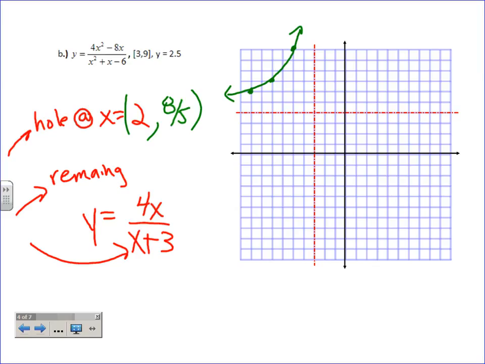So then we go over here and we get some points, and I got -2, -8 as a point, and I got -1, -2, and 0, 0, 1, 1. And then if you tried 2 on your calculator, it said error, right? It didn't tell you 8/5, right? It just said error. Didn't know what to do. All right, and then 3, 2, right?